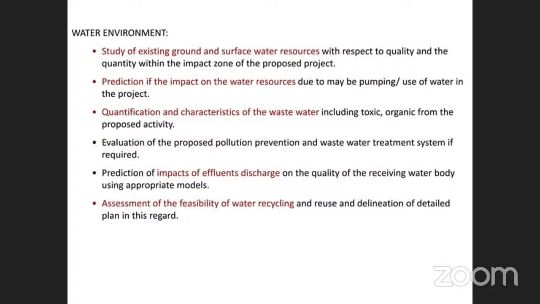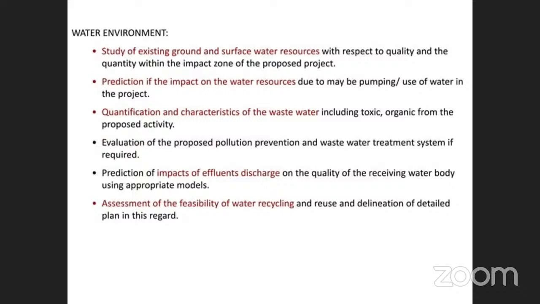Quantification and characteristics of the wastewater. If the proposed activity releases any toxic waste into the water resources, that should be quantified and the wastewater characterized.